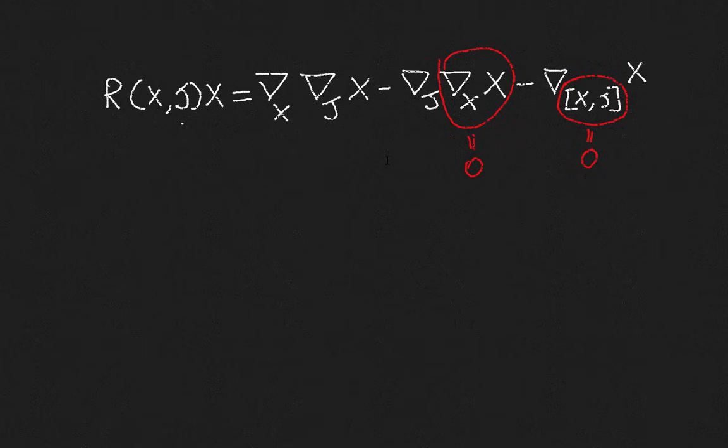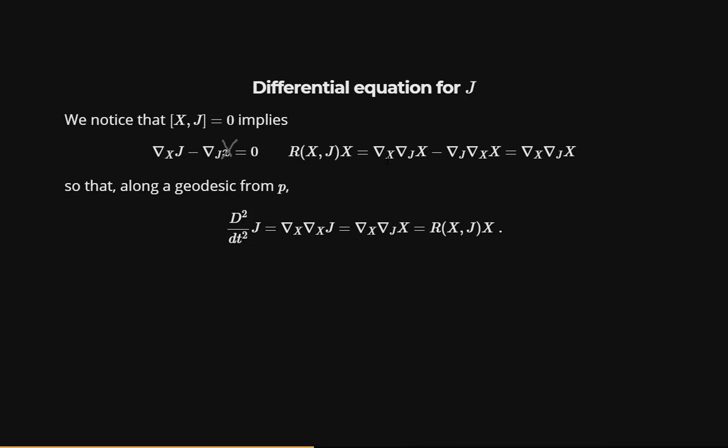So you end up with the curvature being just this double covariant derivative, which is what is written here. So the first one is the definition of the derivative, taking into account that this is 0. And this term vanishes because this is the geodesic equation.